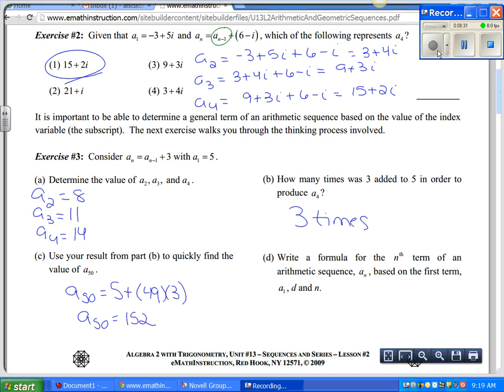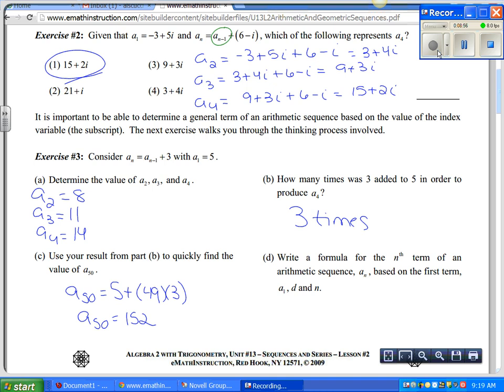I'm not concerned about that. Okay. I want my general formula for part D. So using a sub n, a sub 1, d, and n.